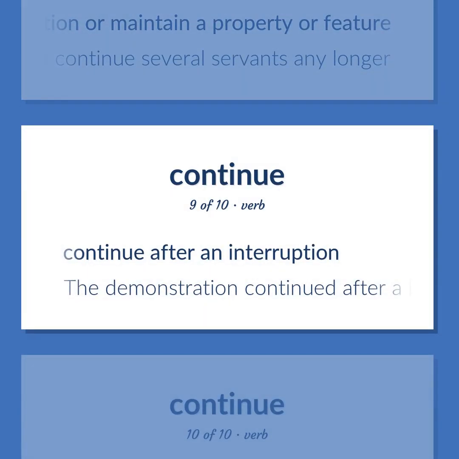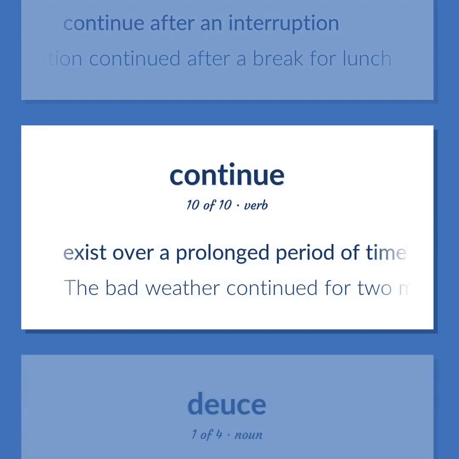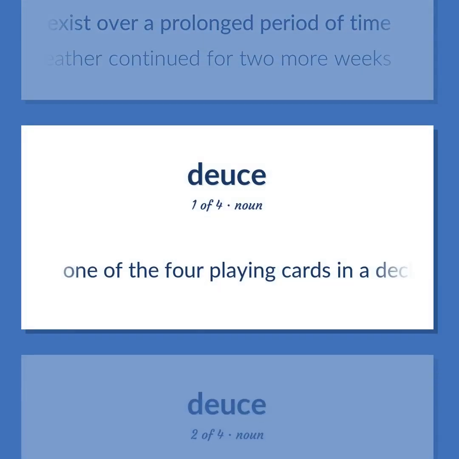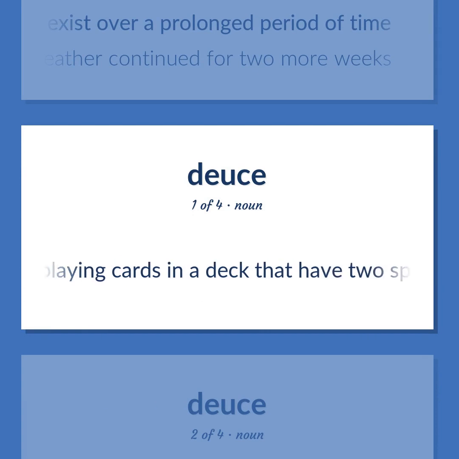Continue after an interruption. The demonstration continued after a break for lunch. Exist over a prolonged period of time. The bad weather continued for 2 more weeks. One of the 4 playing cards in a deck that have 2 spots.